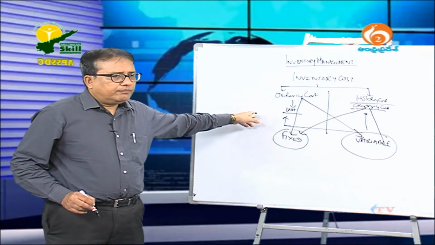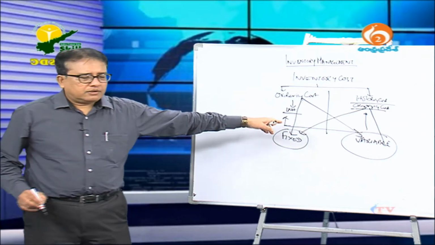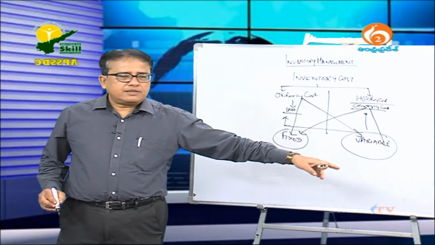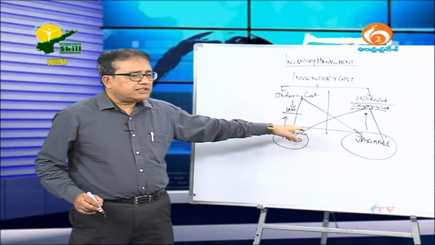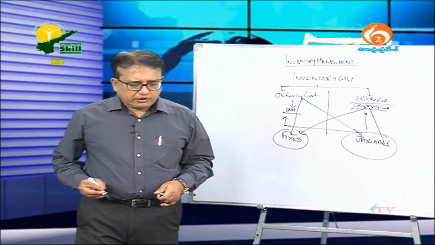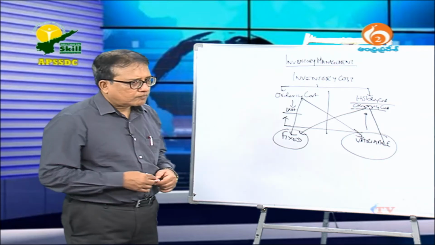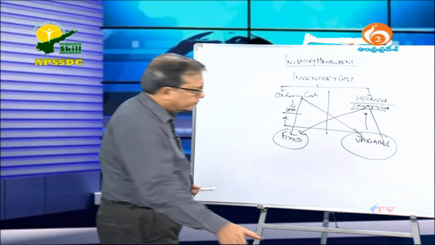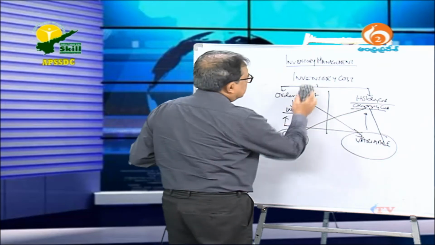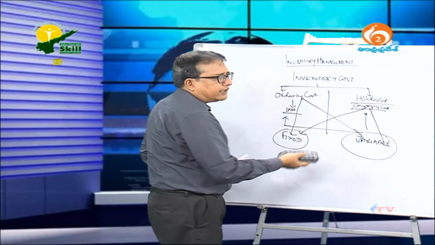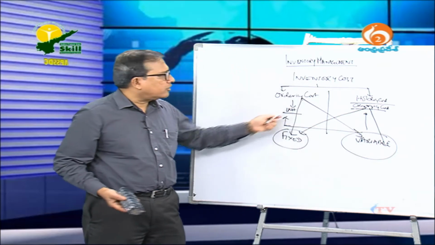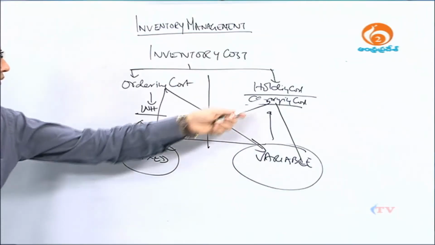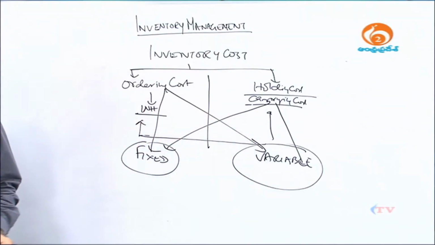Both of them have fixed as well as variable components. We can have several other examples of different costs which can be termed as fixed or variable under holding or ordering cost.